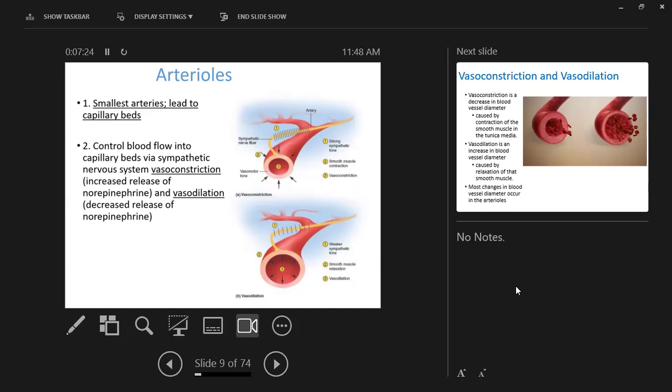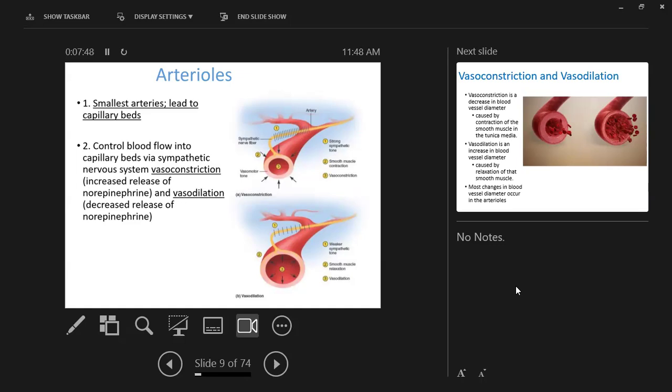The rate of release of norepinephrine determines the size of the arteriole by constricting or relaxing the smooth muscle. So if we release a lot of norepinephrine, we can see here, these little lines represent releases of norepinephrine. And so we are constricting the diameter of the vessel.